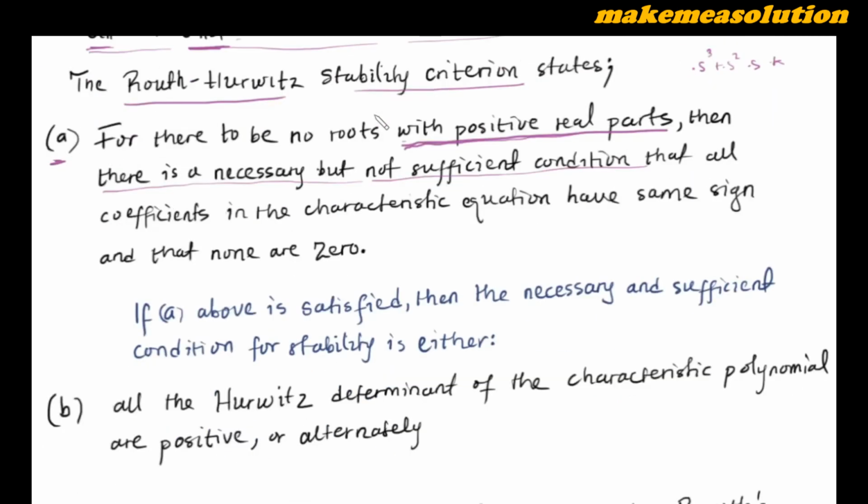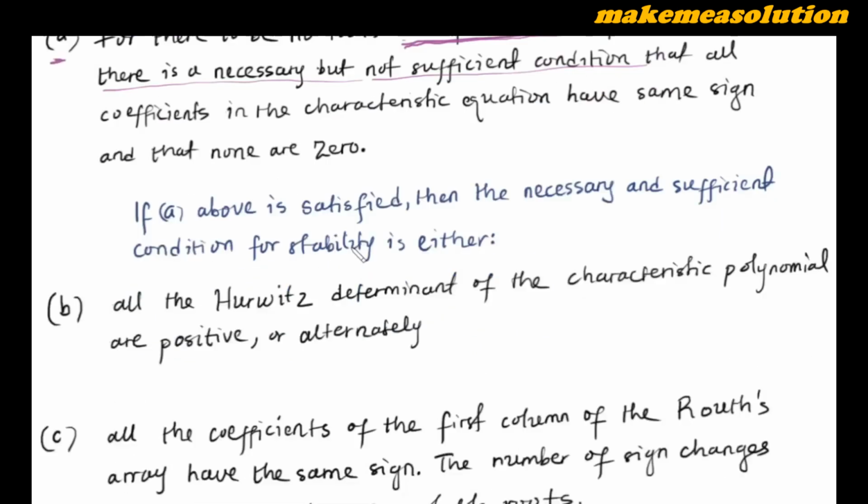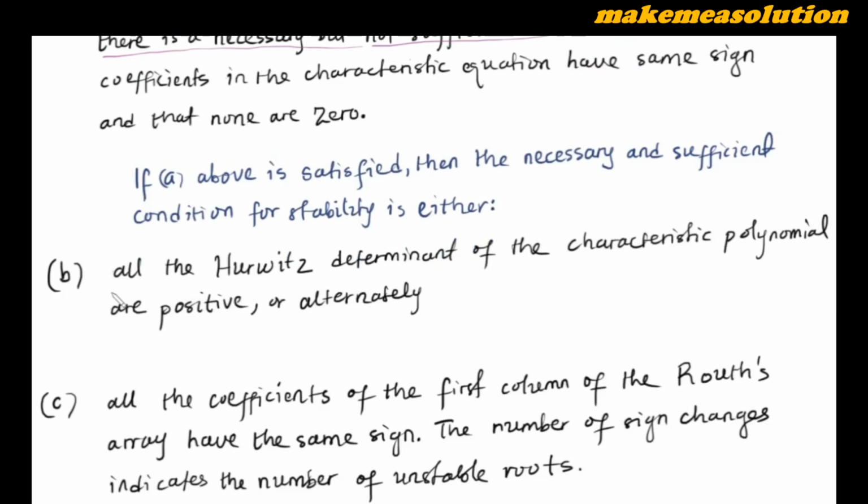Now if your characteristic equation satisfies option A above, then you have to go to either B or C. In B, all the Hurwitz determinants of the characteristic polynomial must be positive. Alternatively, in C, all the coefficients of the first column of the Routh array should have the same sign, and the number of sign changes indicates the number of unstable roots.